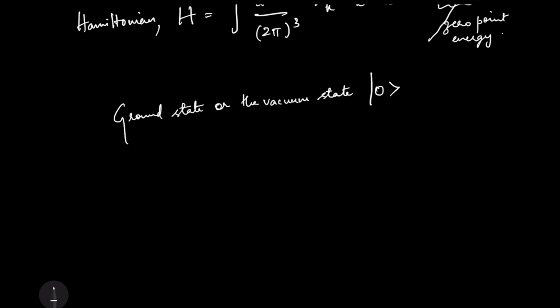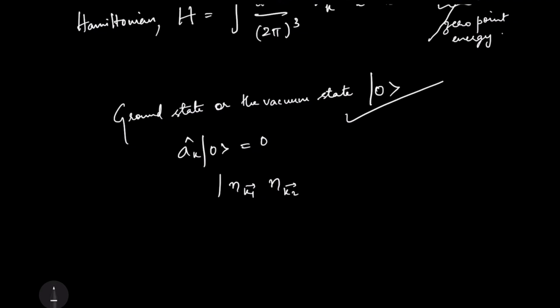So this satisfies the annihilation operator acting on 0, you will get 0, for all k. The general state will have the form |n_k1, n_k2, ...>. So this is for the vacuum state.